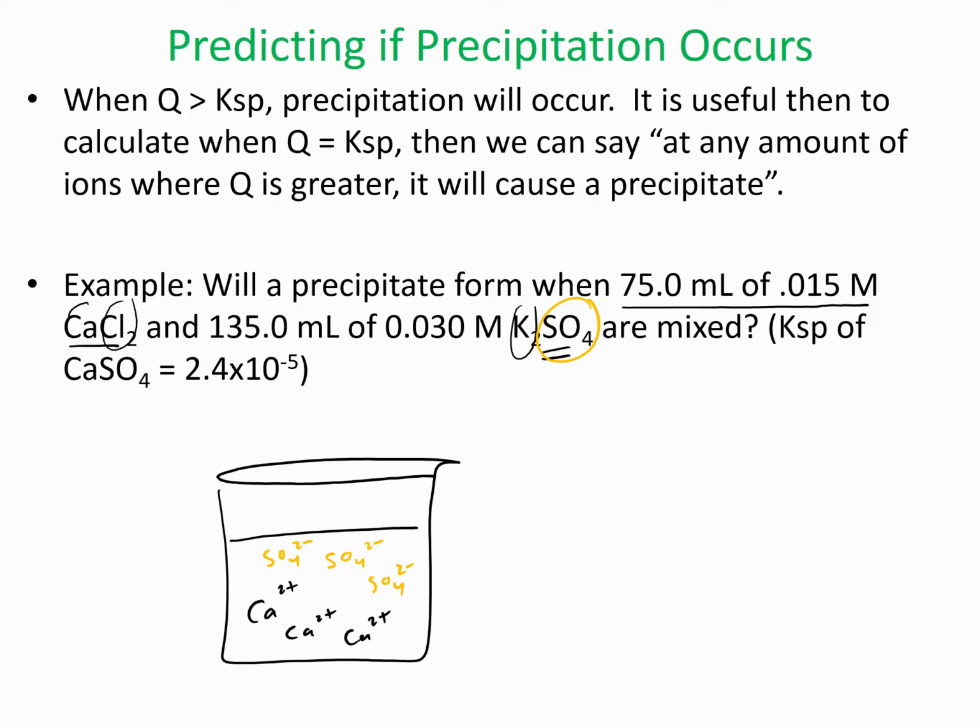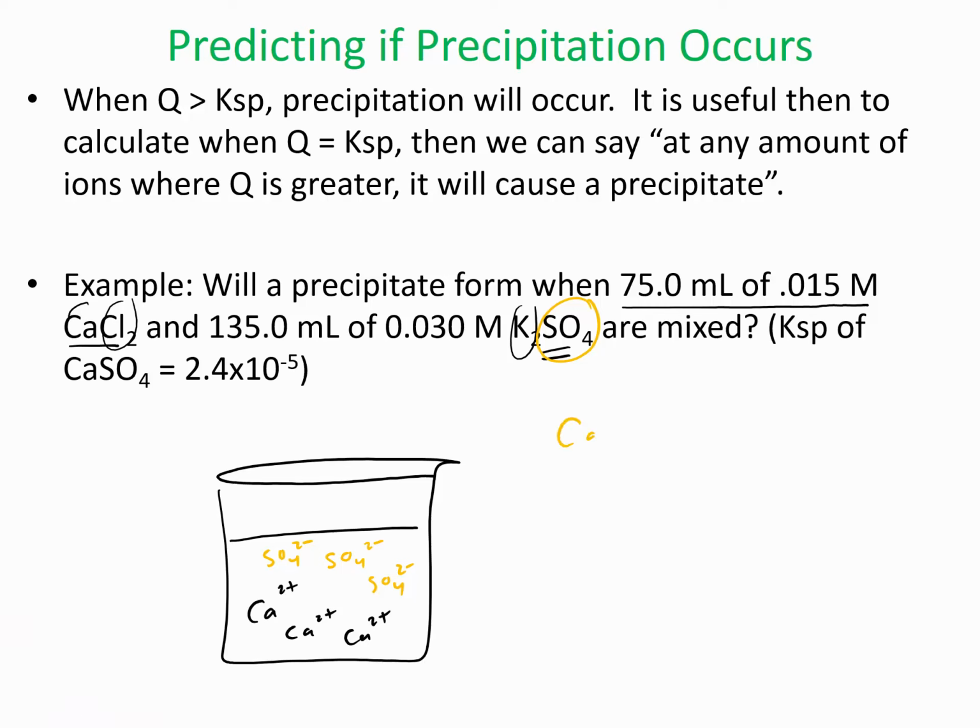Now, the question is, do we have enough of these ions to cause this solid to form? So we're going to set Q equal to K, and compare what we get for Q to this number. If it's greater than this number, then it needs to go to the left and cause a precipitate to reduce the number of ions.